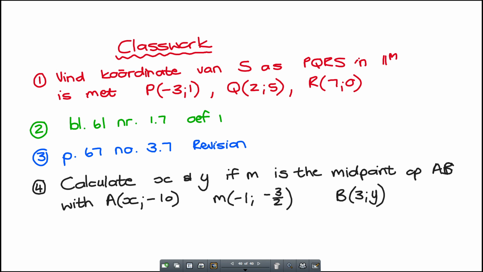Ek sal jou weer 'n tydjie gee om te werk aan hierdie 4 voordat ons merk. Kyk net daai bladsy. You'll see the one side is the Afrikaans and the back side is the English. So jy kan hom net so plak in jou boek. Jy sit net die taal wat jy verkies bo, né?